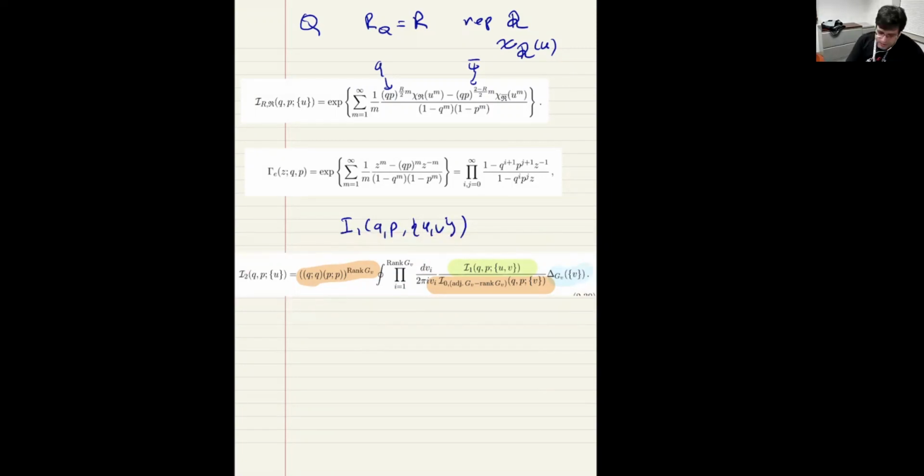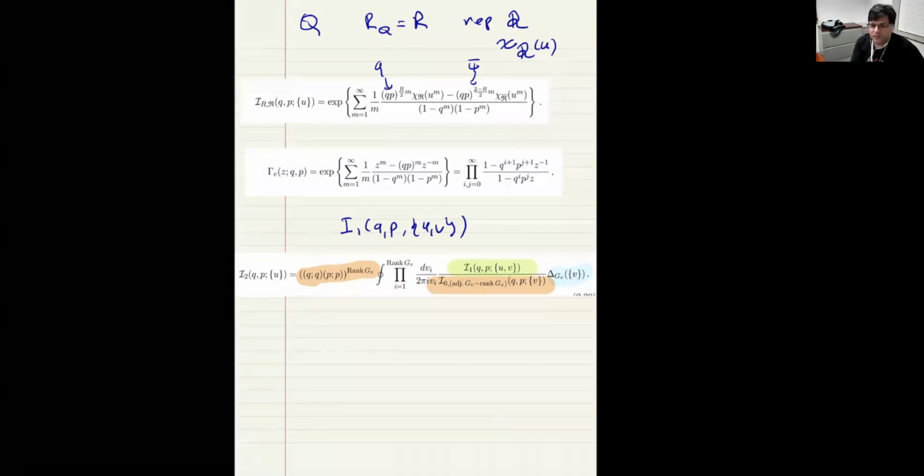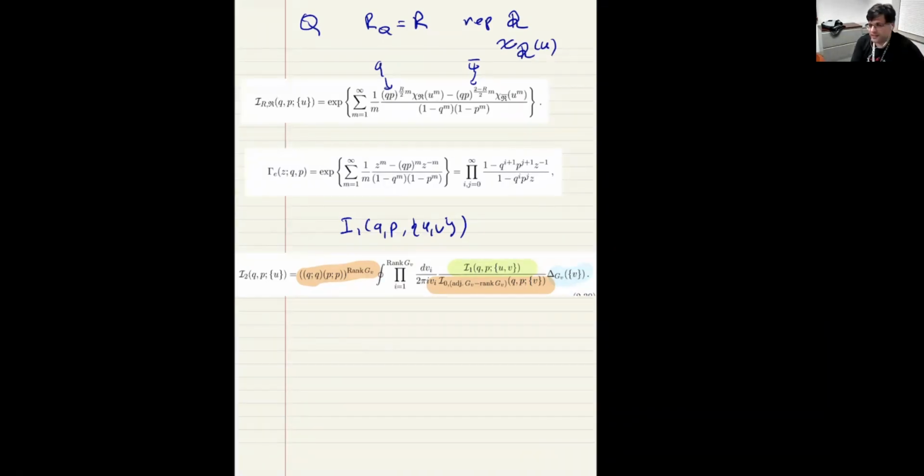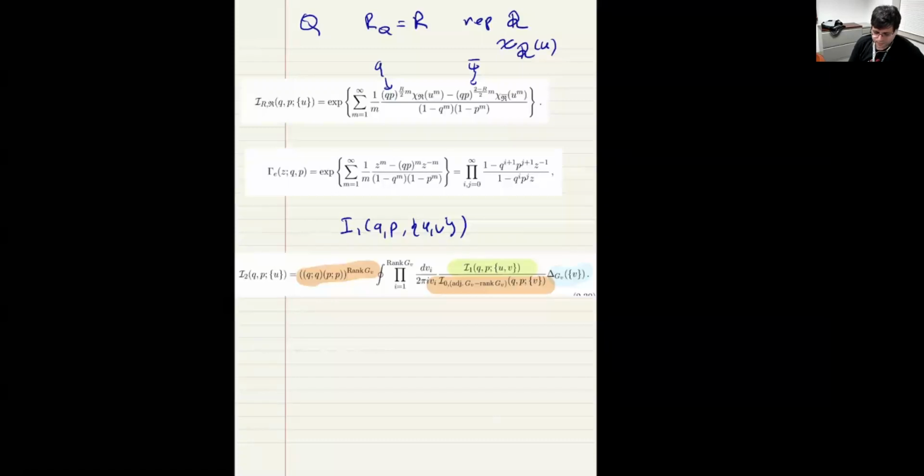Okay, with this, I end this first part of discussing the basic tools, and I want to start discussing the interesting dynamics using these types of tools. Any questions? Okay.